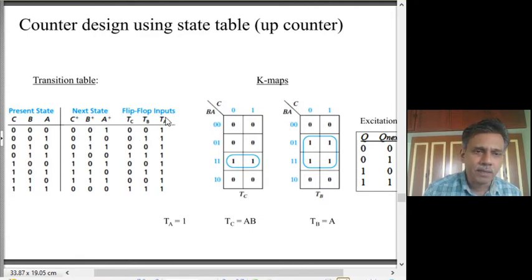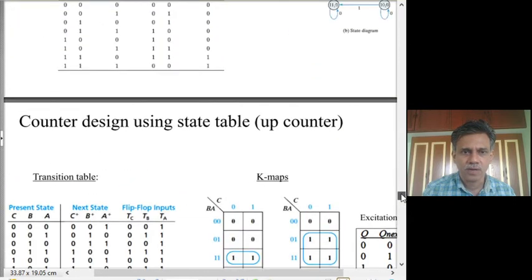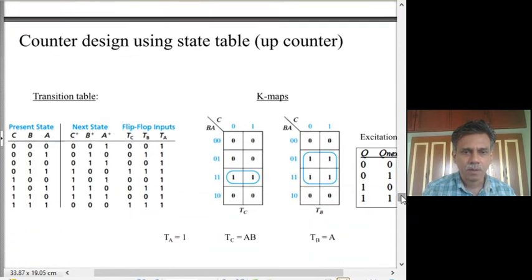So for TA, which is the T input of the A flip-flop, how is the excitation to be? Note that to give an idea of how the circuit is going to be, once we derive this TA, TB, TC, we will be putting it on and synthesizing and arriving at a T flip-flop circuit, which you have already seen. It's not shown in this one.